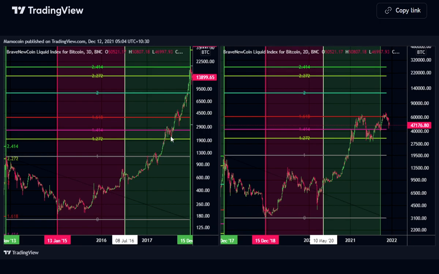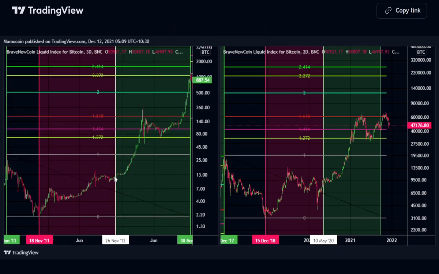You can see we had these two pullbacks here in a relatively short time, and currently we did a similar thing on this recovery, going a bit above the 1.414, getting a pullback, going to the 1.618, and now getting another pullback pretty much also to that 1.414 level. So there are fractals from both cycles here, but now let's compare the 2013 bull run.